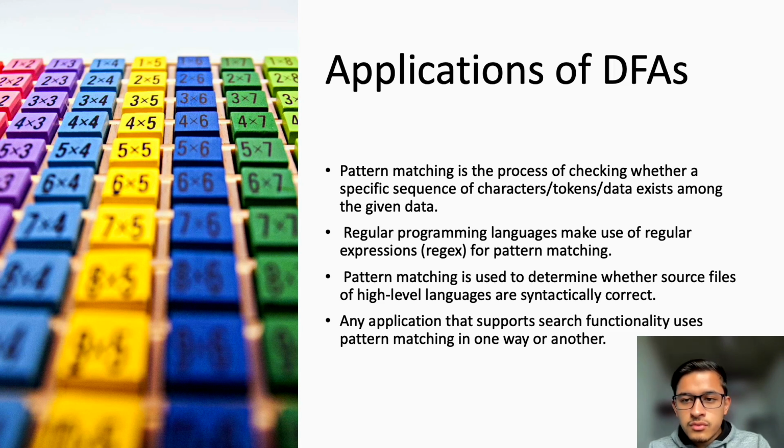It is also used to find and replace a matching pattern in a text or a code with another text or code. Pattern matching is used to determine whether source files of high-level languages are syntactically correct or not. Any application that supports search functionality uses pattern matching in one way or another.